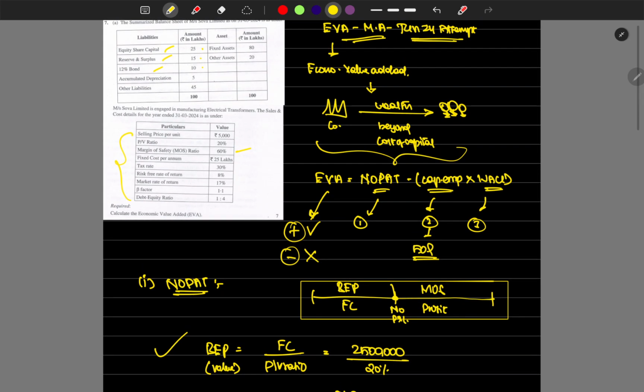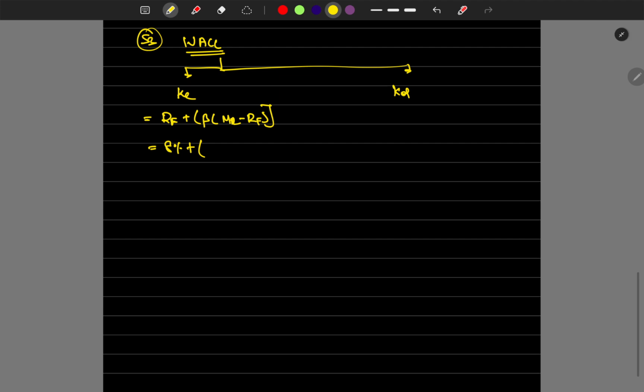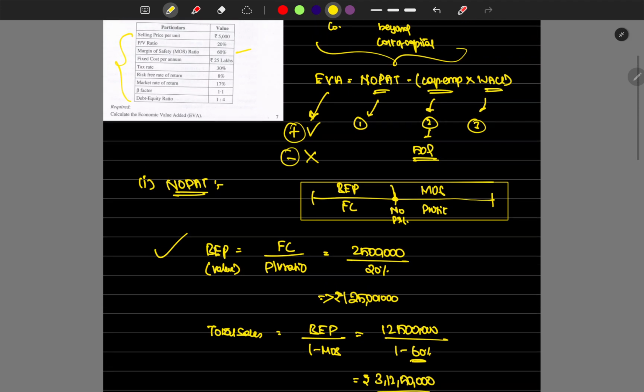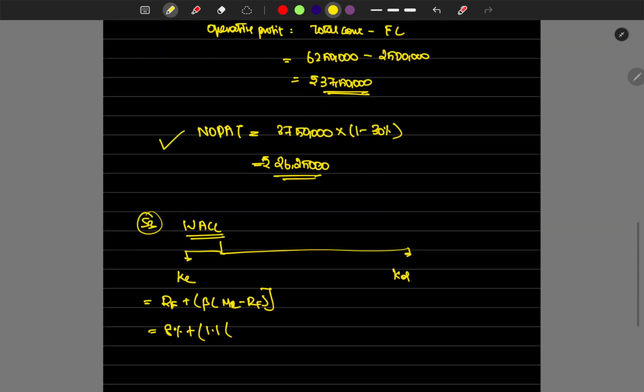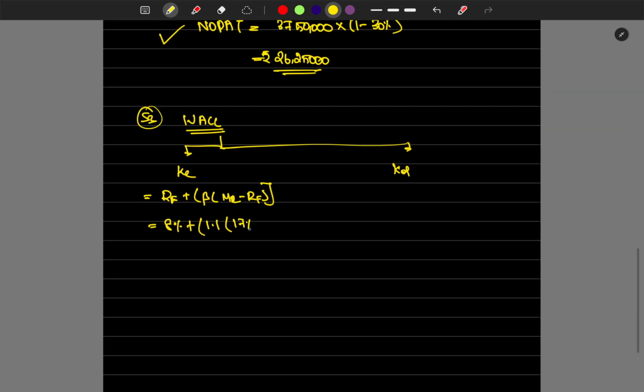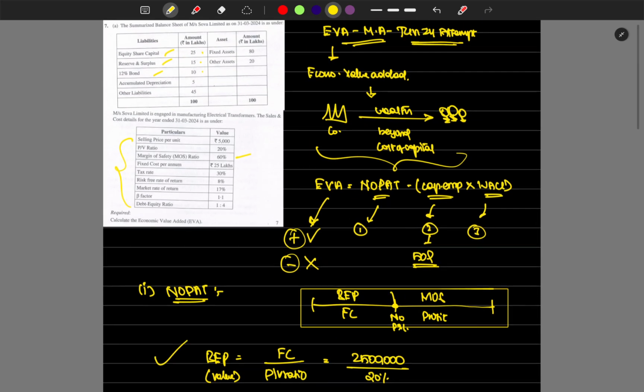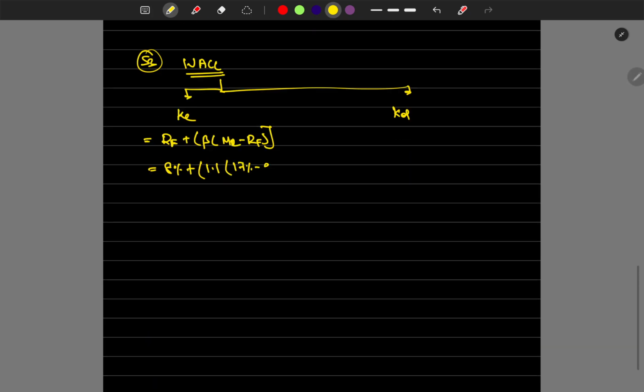Beta percentage is how much? Beta factor is 1.1, which is the actual risk rate of the company. Market rate of return is 17%. 17% minus risk-free rate of return 8%, right?